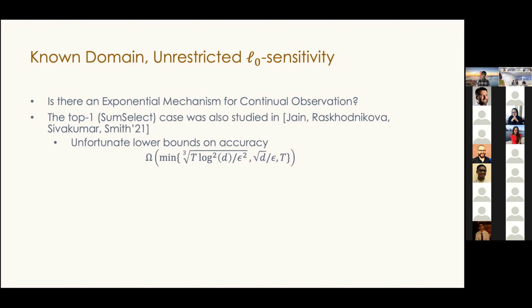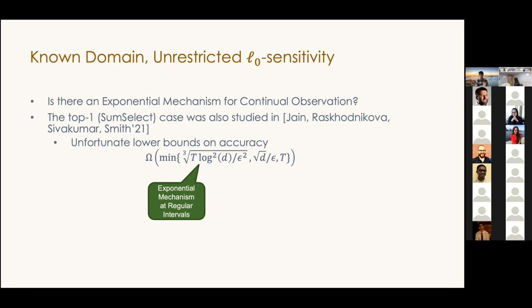Unfortunately, recent work from Jain et al. shows that for what they call the sum select problem, which is precisely the top one case, there's an unfortunate lower bound that has various terms. One term has a matching upper bound by just applying the exponential mechanism at regular intervals.